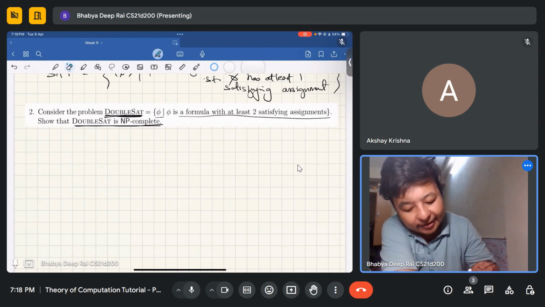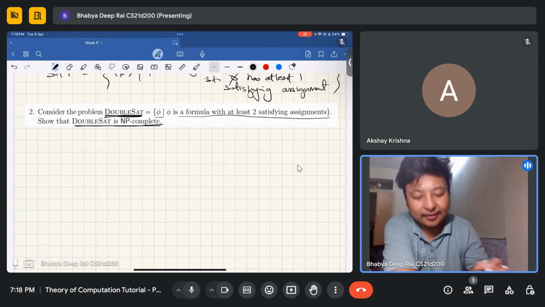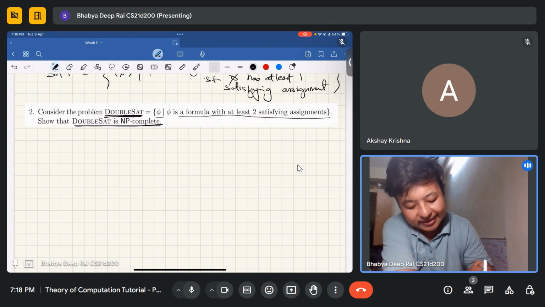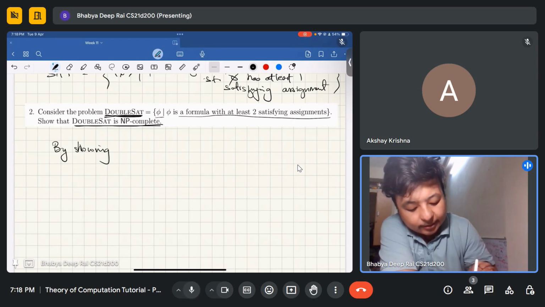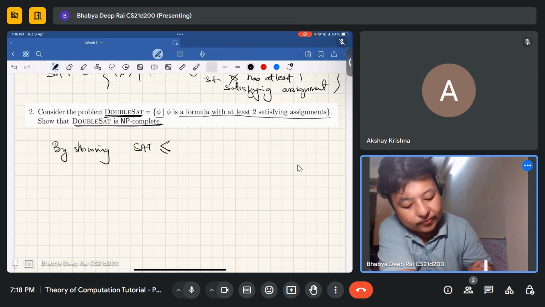NP complete, right? One way to show this is by reduction. I can show double SAT is NP complete by showing that 3 SAT, or SAT, reduces to double SAT.